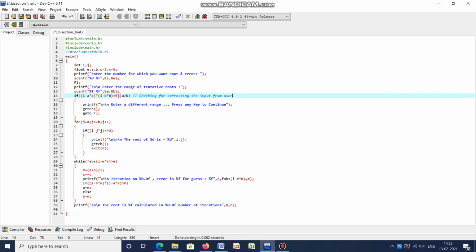Here you see getch is holding the screen till the user presses any key. So it can hold the screen for a while.